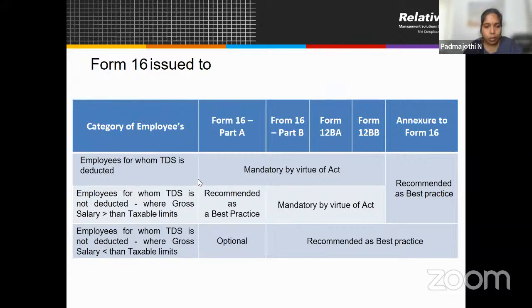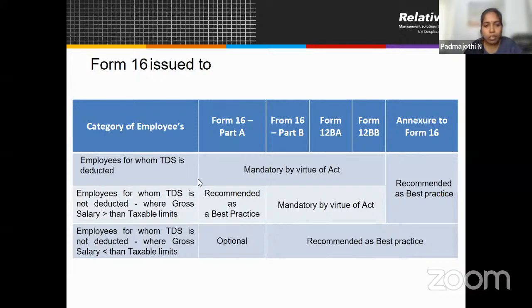But we would recommend Part A has to be issued for those employees because everything has been captured now. Also, I want to mention one thing: whatever income the employer is reporting will be cross-verified with the individual IT returns. So if I'm reporting a false income, then the employee might receive some notices.